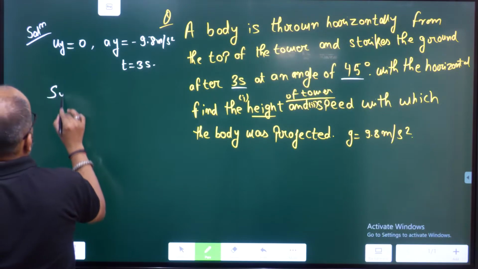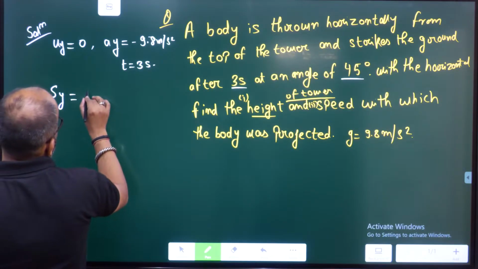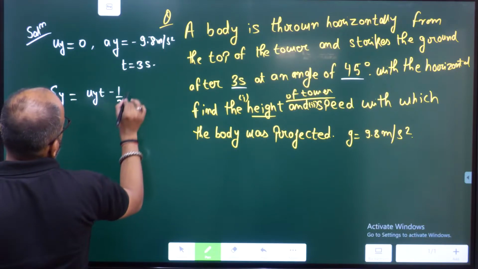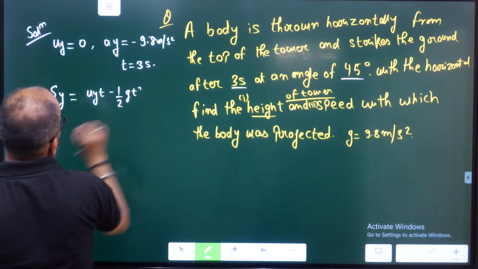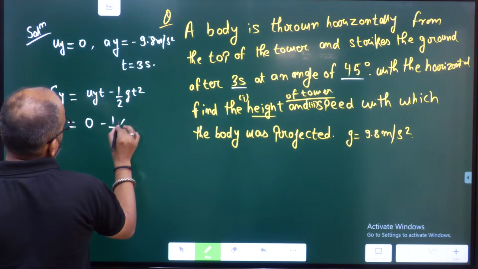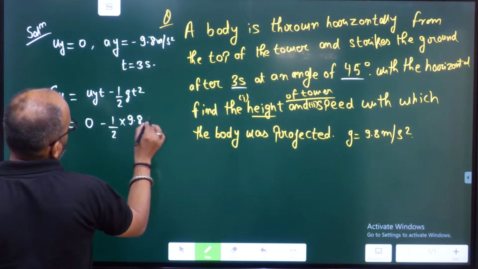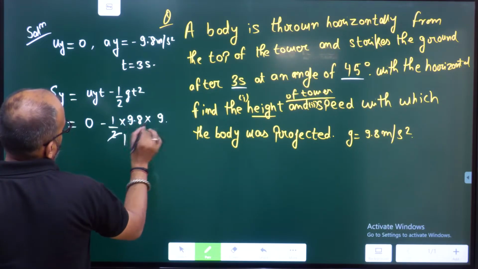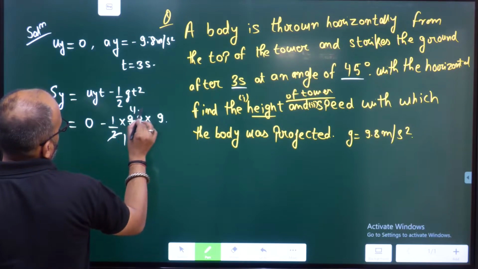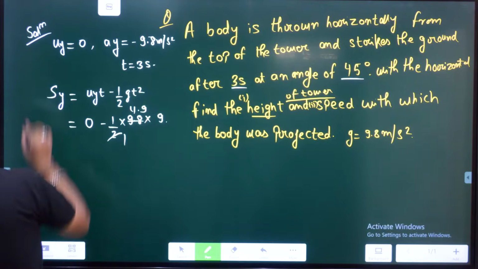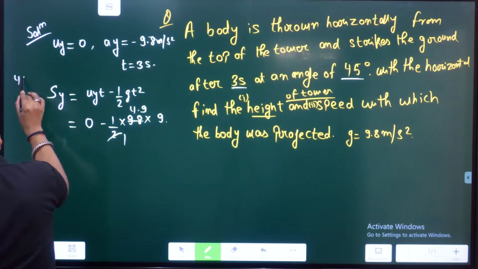So displacement along y-axis will be uyt minus half gt square. uy is 0, 1 upon 2 g into t square, that is 9. So 4.9 into 9, you can do it.